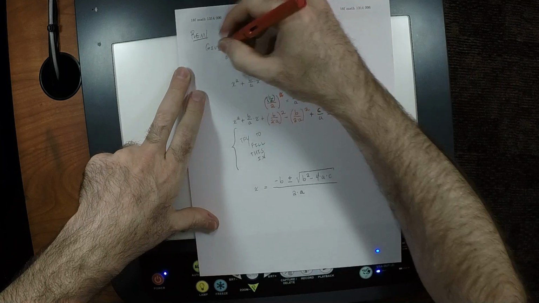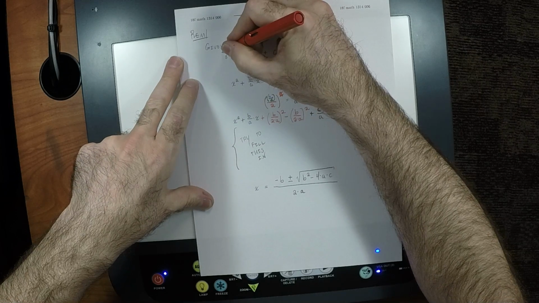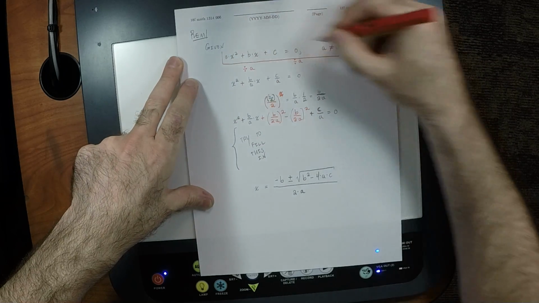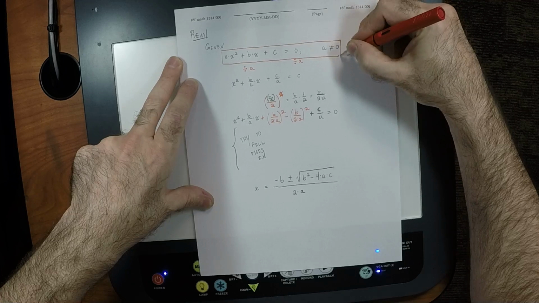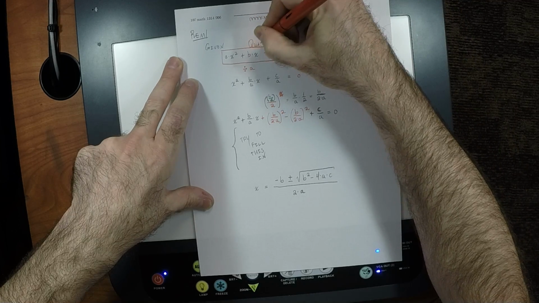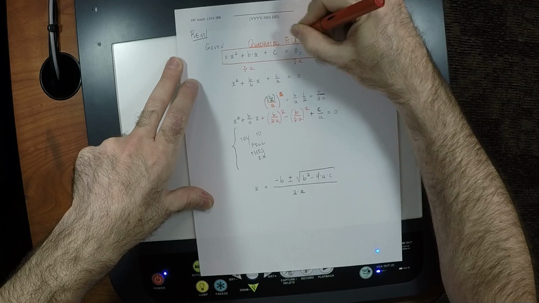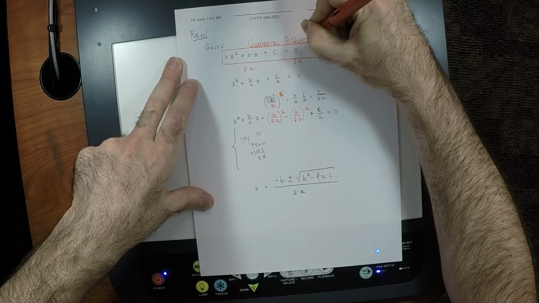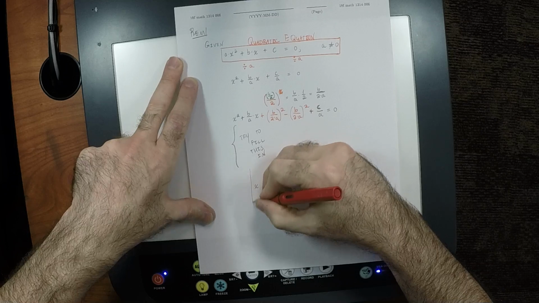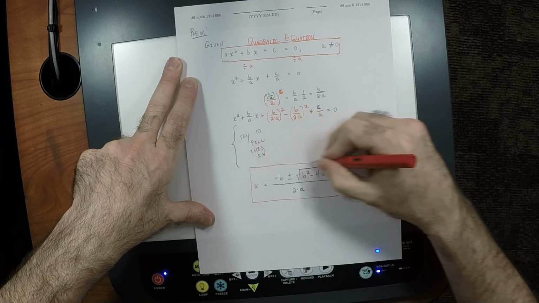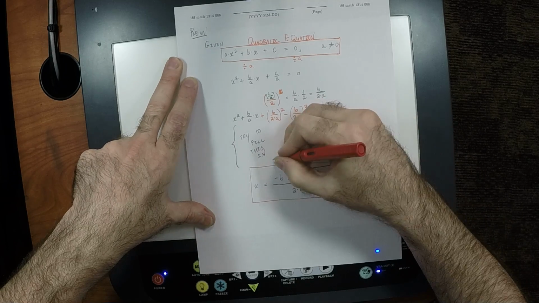Now, brief terminology here: this thing up here is called a quadratic equation. This thing down here gives you the solutions to that equation, and it is called the quadratic formula.